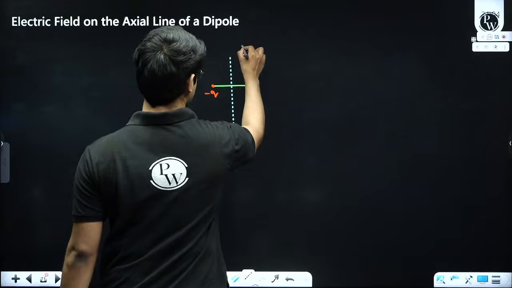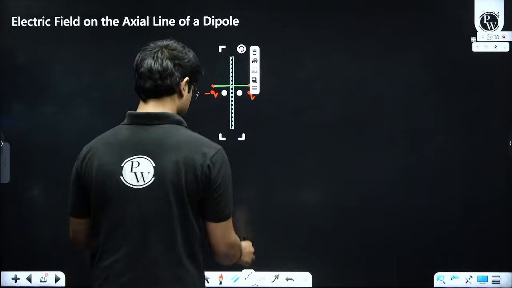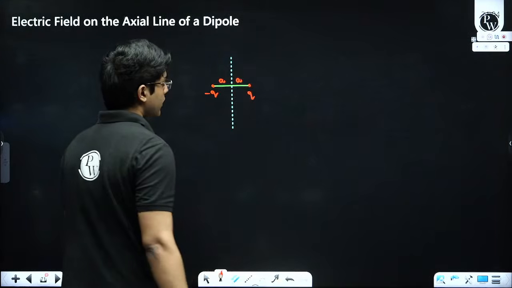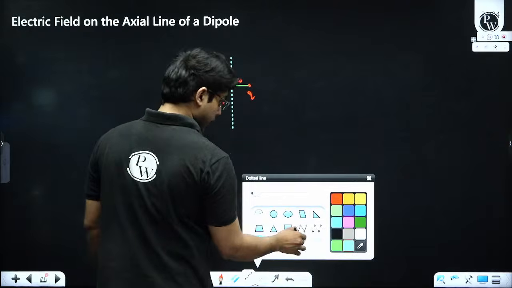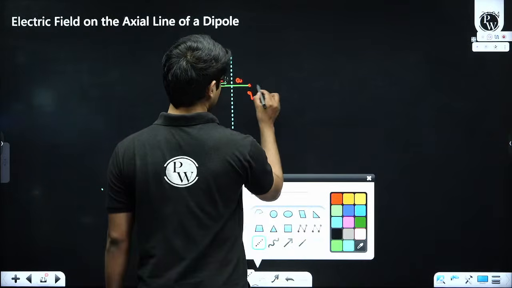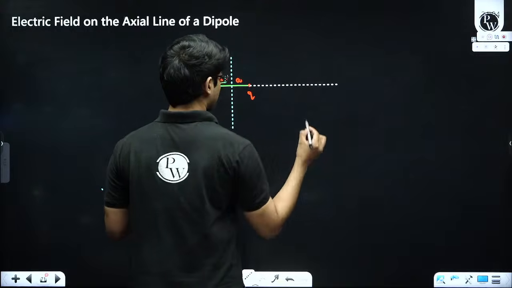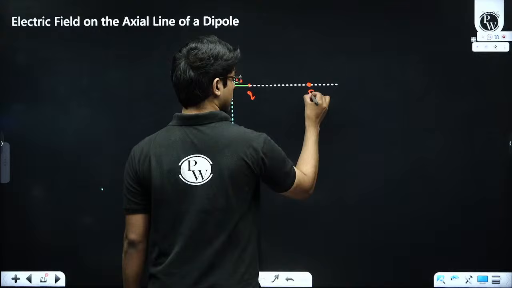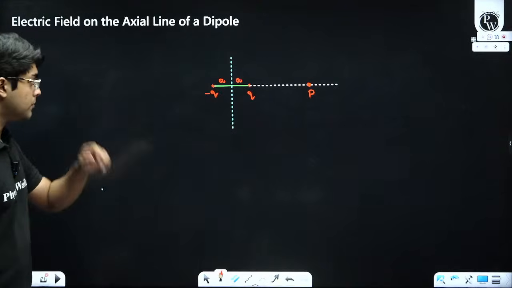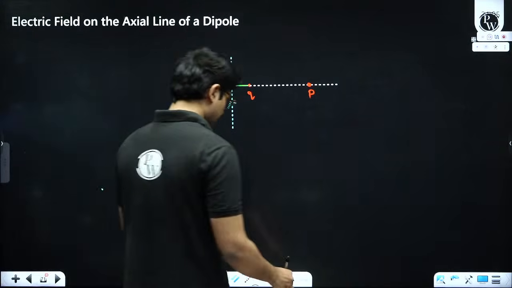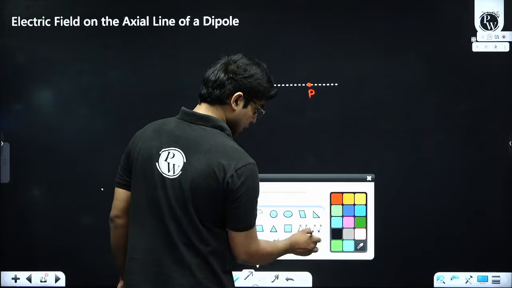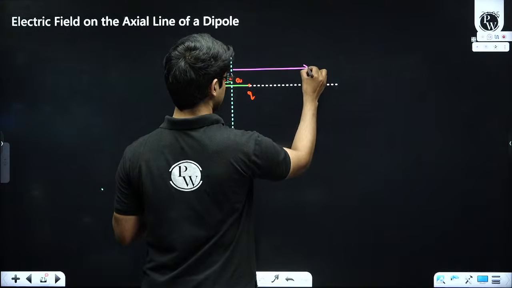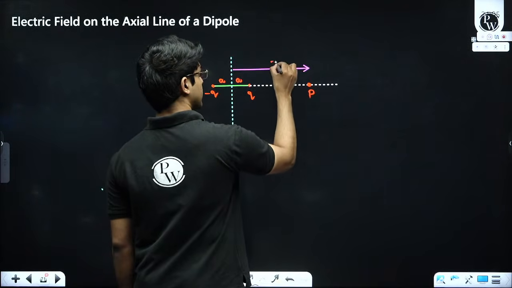And from this middle line, this distance is A, this distance is also A. Along the axis of the dipole, I want the field at some point P over here due to this dipole. Okay, that is the question. And the distance of the point P from the central line, we know it is R. Okay, this distance is R.